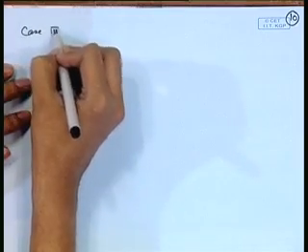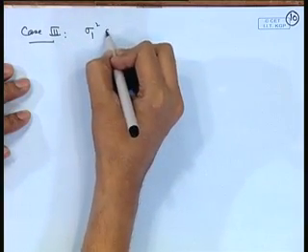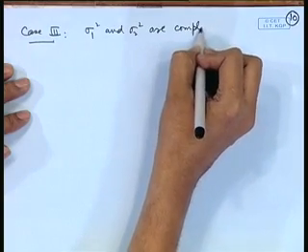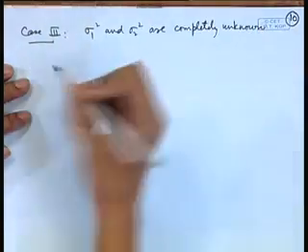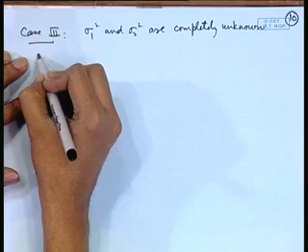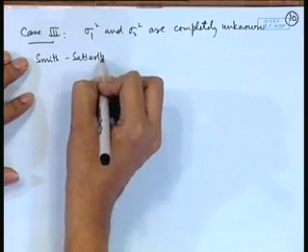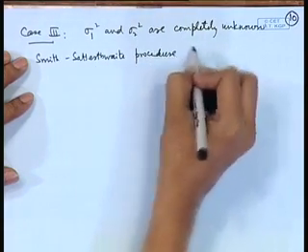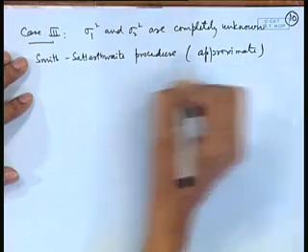So, we have the third case when sigma 1 square and sigma 2 square are completely unknown. That means, we have no prior information about them. In that case, we have the following Smith-Satterthwaite procedure. This is an approximate procedure, it is not exact, because the exact distribution cannot be determined here.